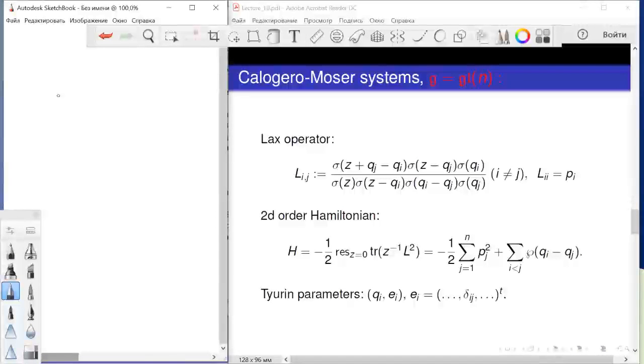Well, now I explained what is the Lax representation of the Calogero-Moser system.